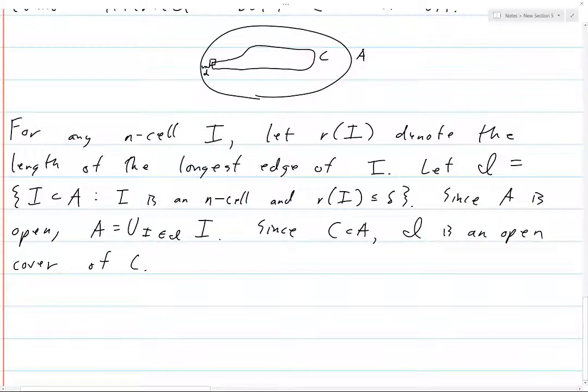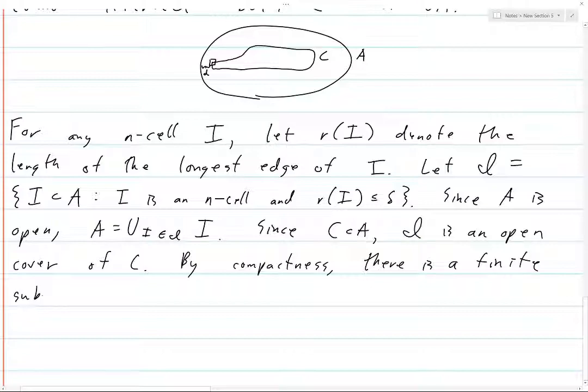We're trying to use compactness here. Since C is compact, by compactness there is a finite subcover.